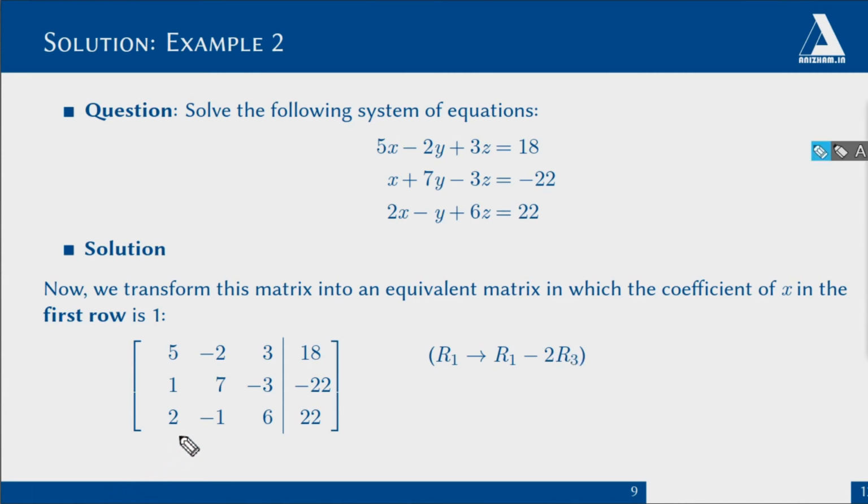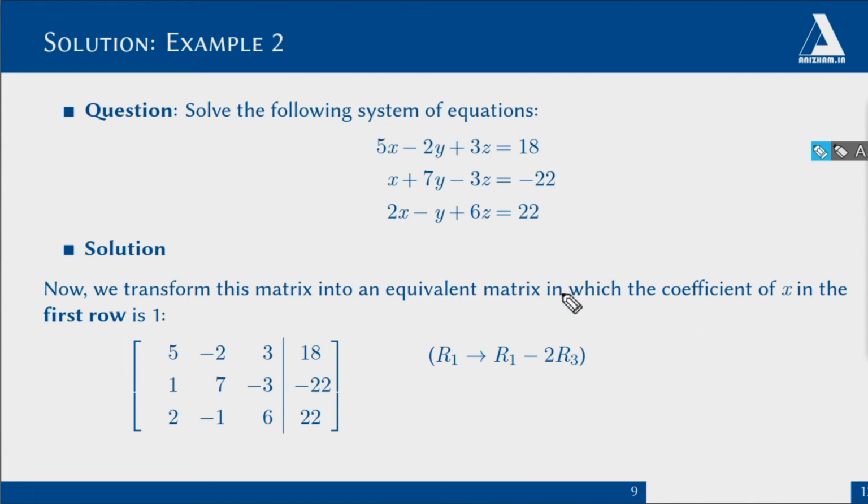Since the first element in the third row is 2, if we subtract 2 times this value from this one, we will obtain a 1 here. So R1 is replaced by R1 minus 2 times R3.